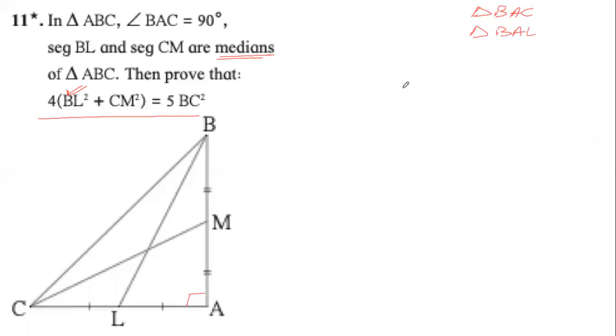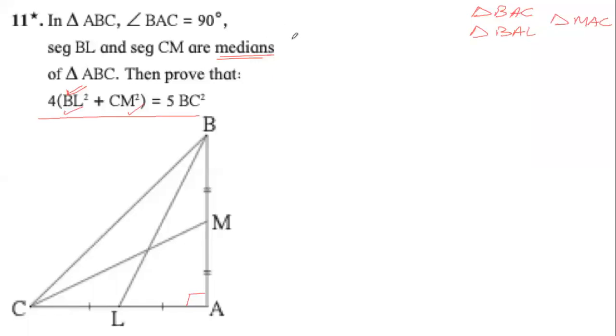And the third right angle triangle is triangle MAC. We have to be able to see these things. When we see these things, we know that BL is a hypotenuse. CM is also a hypotenuse. We can use Pythagoras theorem.